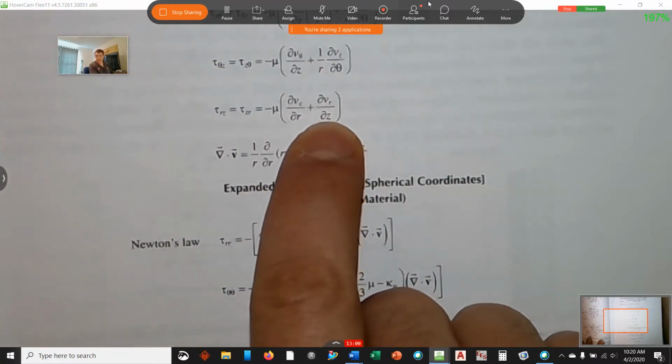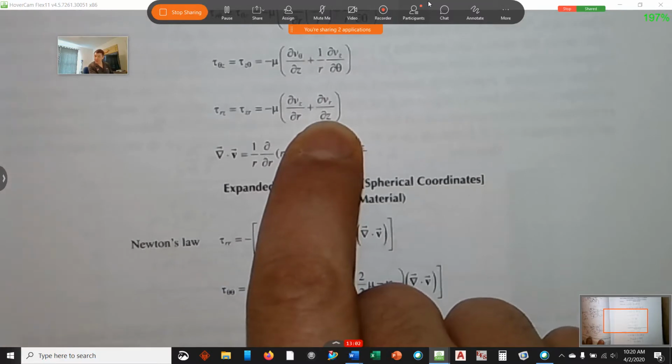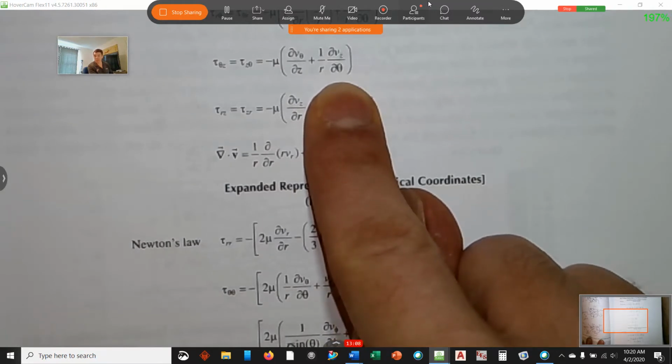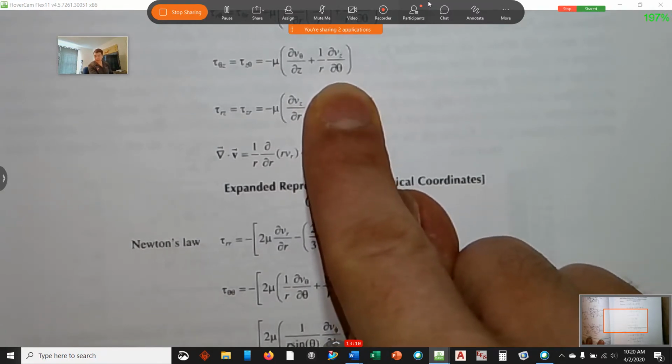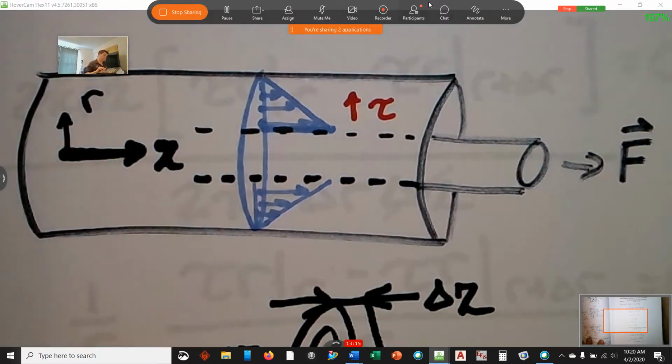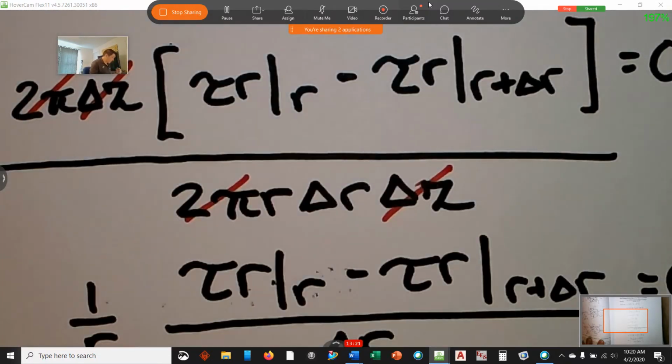So the change in the radial velocity with respect to z is 0. And what we can replace tau with is negative mu dvz/dr. All right, so tau is negative mu dvz/dr.